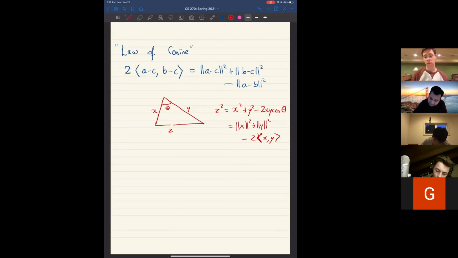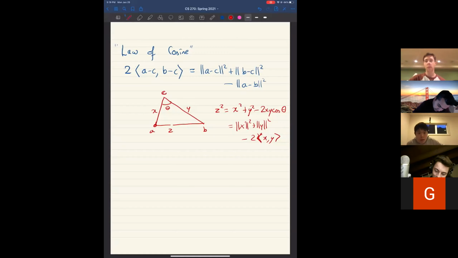Okay, so this is basically that, if you call this point A, this point B, this point C, A minus C is this vector, B minus C is this vector, and A minus B is this vector. So it's just that. The proof of this is just expand out the RHS, and it will turn out to be equal to LHS.